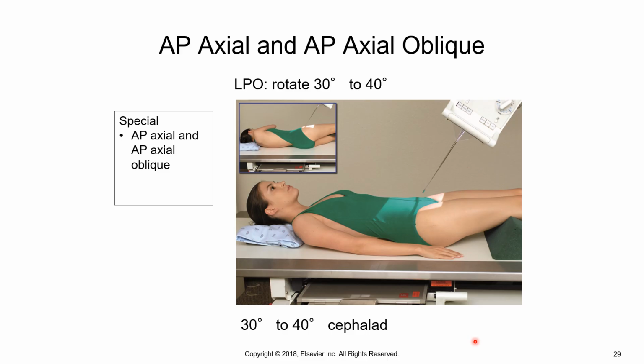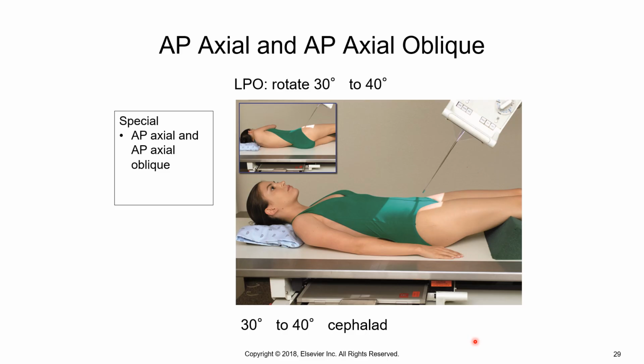The central ray is angled 30 to 40 degrees cephalic, and the central ray is 2 inches below ASIS at midline. 2 inches below ASIS at midline with a 30 to 40 degree cephalic angle, and 125 at 3.3 for single contrast.